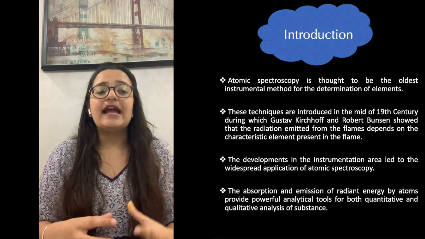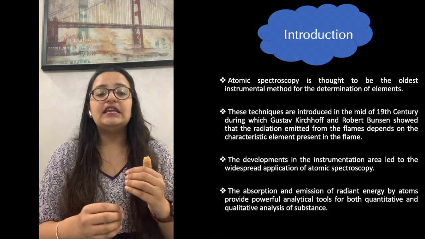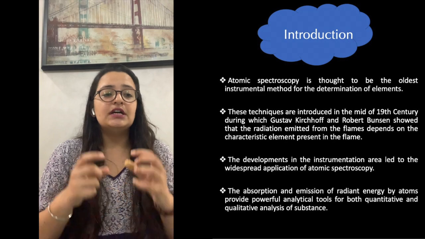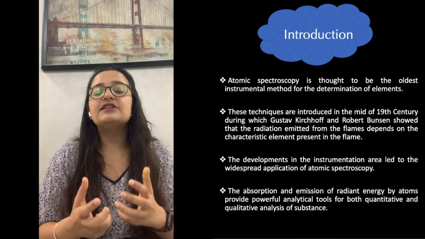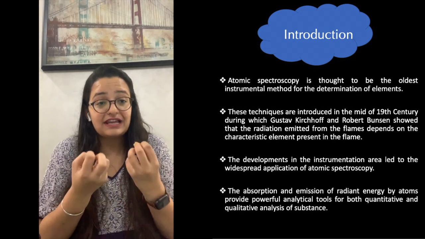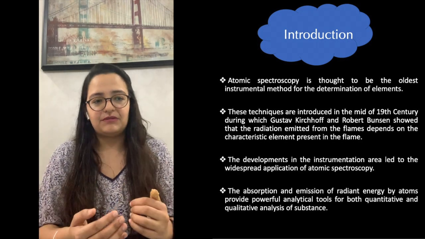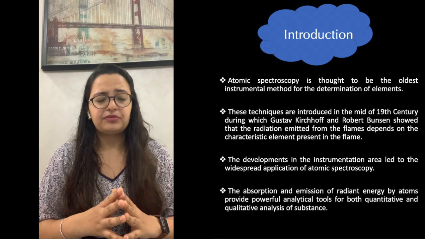These techniques were introduced in the mid 19th century, during which Kirchhoff and Bunsen showed that the radiation emitted from the flame depends on the characteristic element present in the flame.